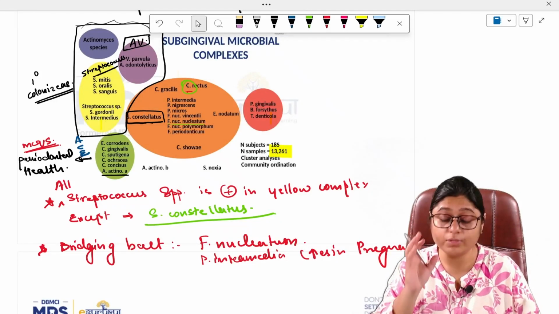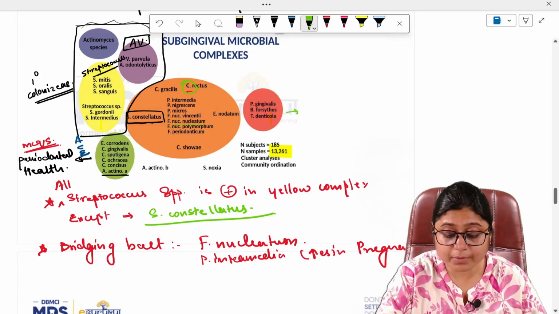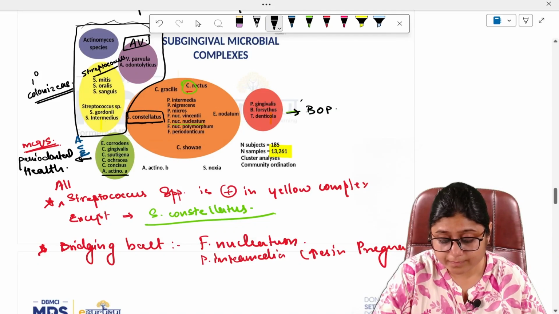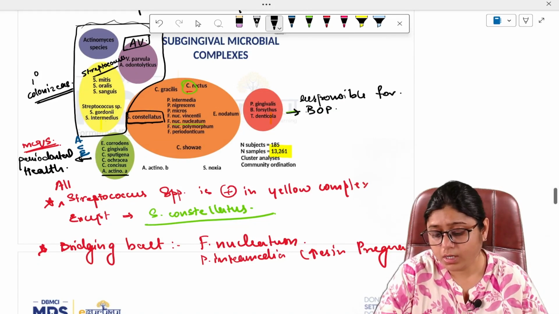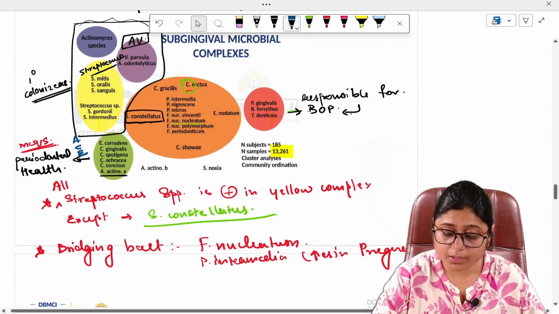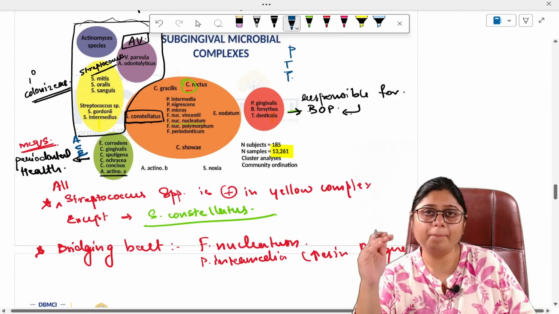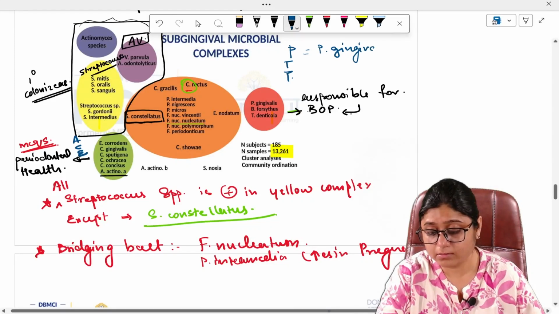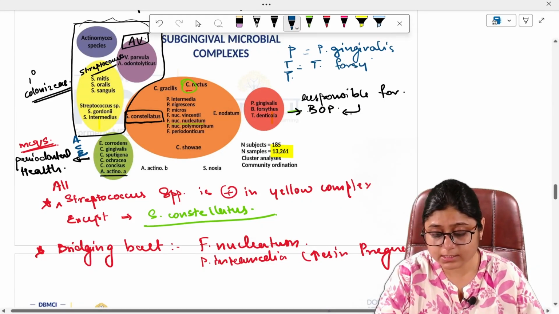Red means danger. So these are the dangerous bacteria. These bacteria are responsible for bleeding on probing. And to remember them, you need to remember the mnemonic PTT. PTT. Prothrombin time. P for P. gingivalis. T for Tannerella forsythia.